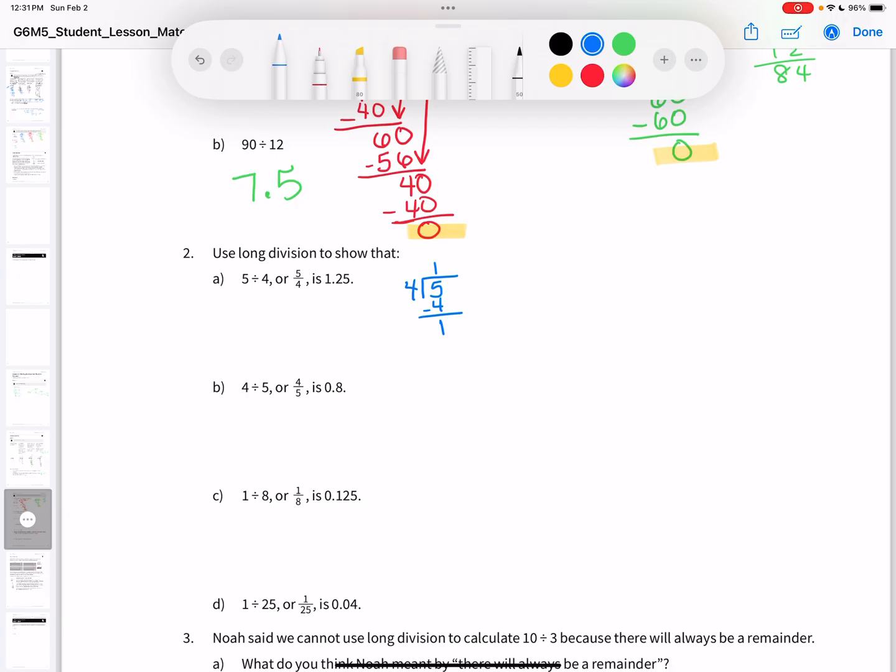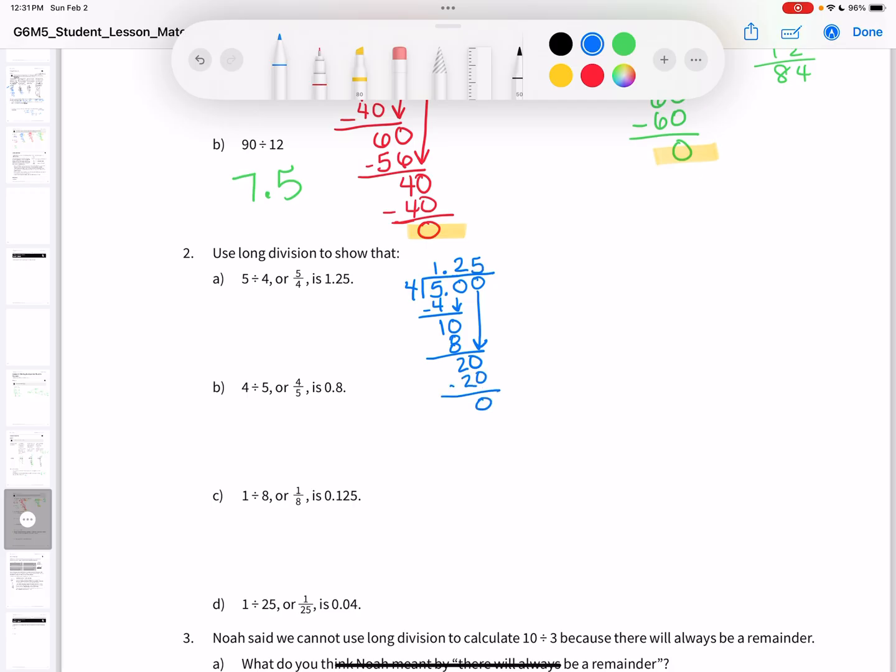So we're going to add a decimal 0 and a decimal up into our answer. We're going to bring down the 0. 4 goes into 10 2 times. 2 times 4 is 8. And that leaves us with 2. We're going to add another 0, bring it down. 4 goes into 20 5 times. 5 times 4 is 20.